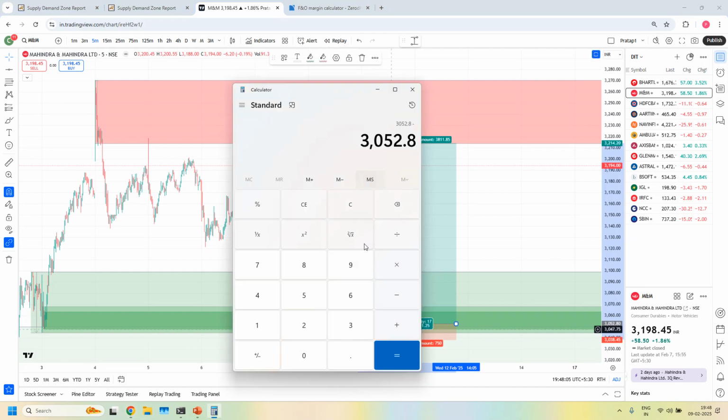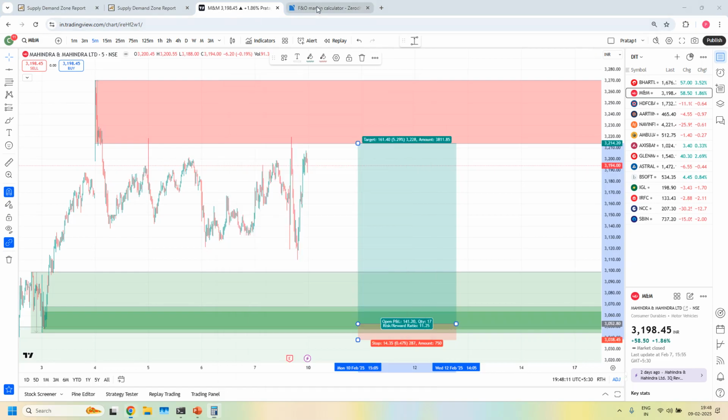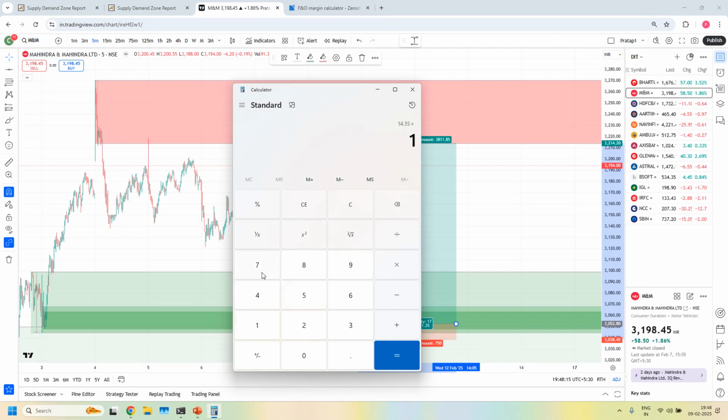3052.80 minus, you got 14.35 into 175, right? Yeah, 175. Into 100 divided by 1,08,700.